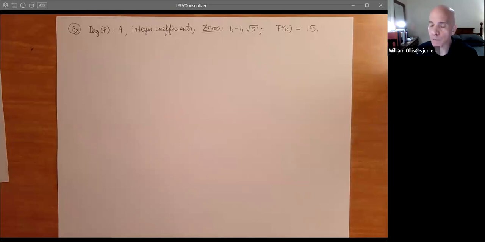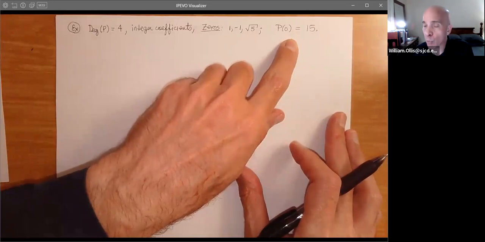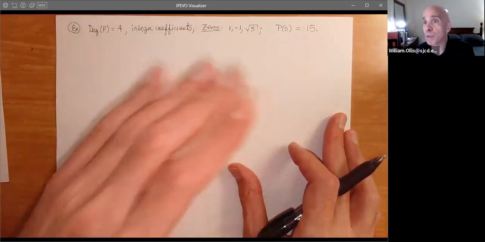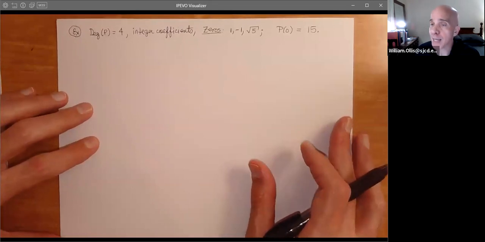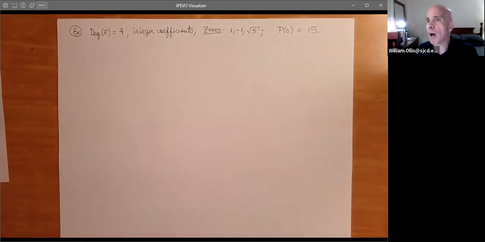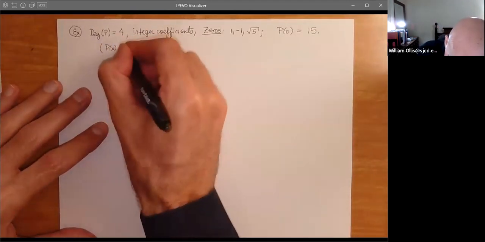The idea is that if you start specifying points, then that will put you into a unique polynomial. So just be aware that in WebAssign, they might say, give me a monic polynomial that has these zeros with integer coefficients or whatever. So you're not necessarily doing unique, but in this case, we'll just say P of X is unique.